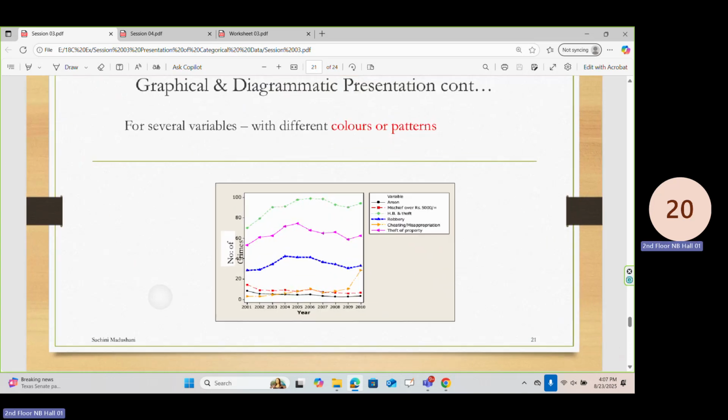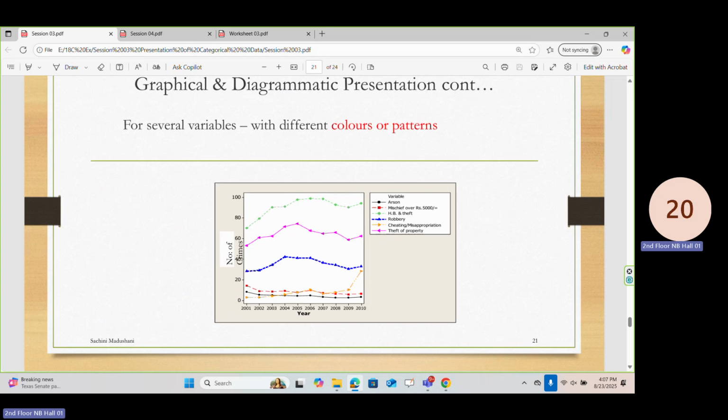Then the other one is, when we use the line chart, we can insert several variables. Okay, but we use different colors or patterns to differentiate each. Okay, then there are 1, 2, 3, 4, 5, 6 variables. How do we differentiate? Using different colors. Okay.